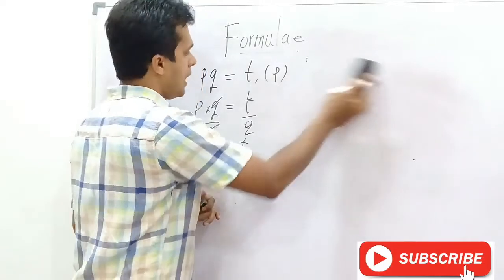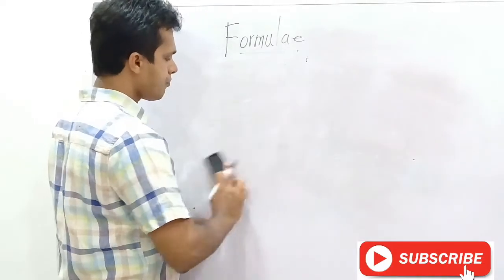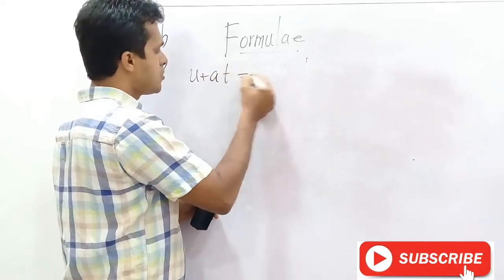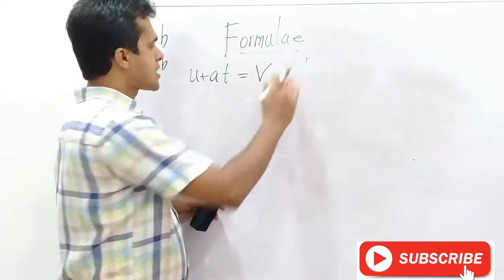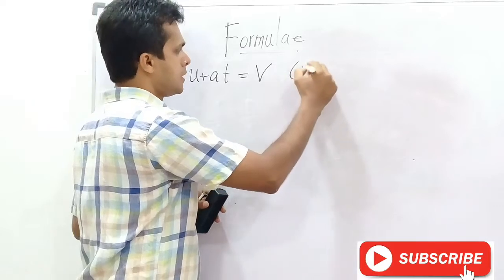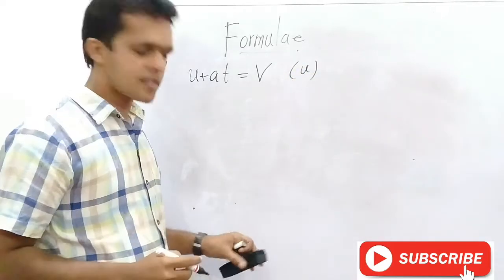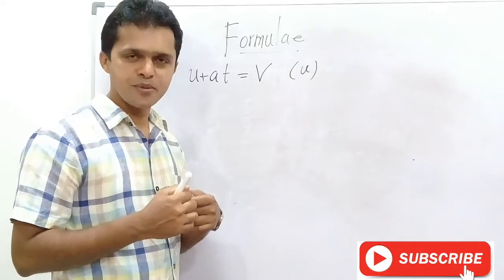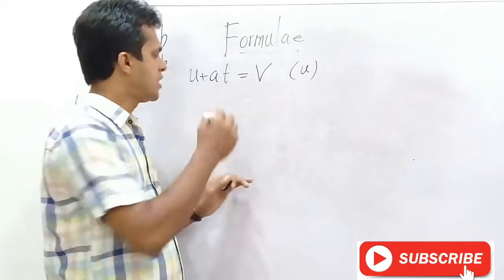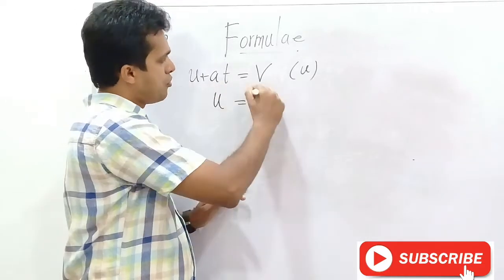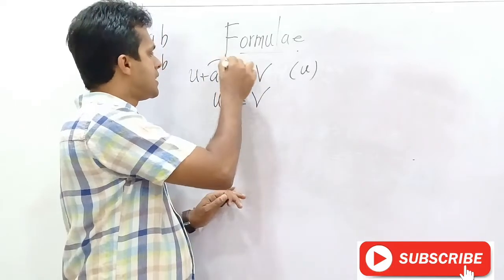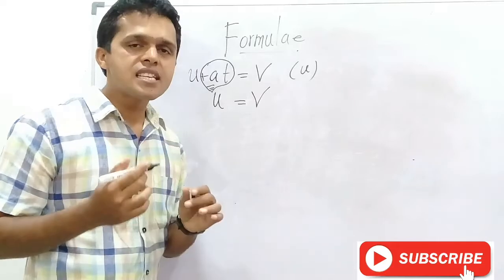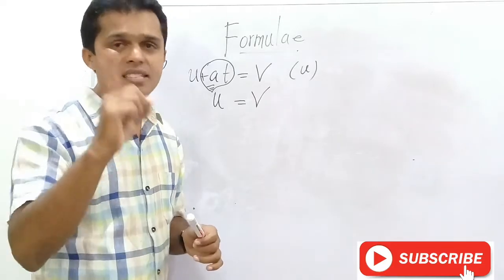Let's learn this one. u plus at equals v. Let's write the term u as the subject of this formula. How can you write the term u as the subject of this formula? These two terms are considered as a term.